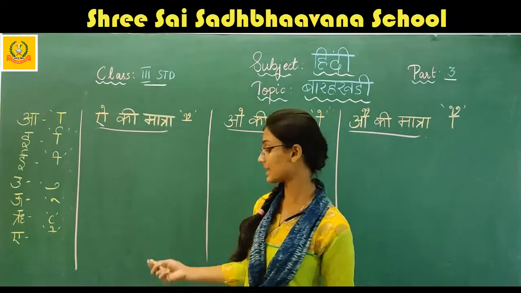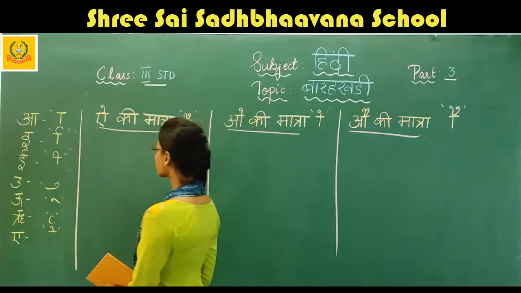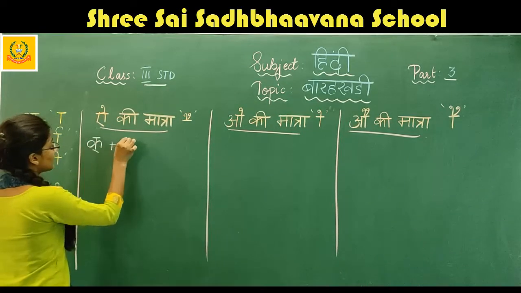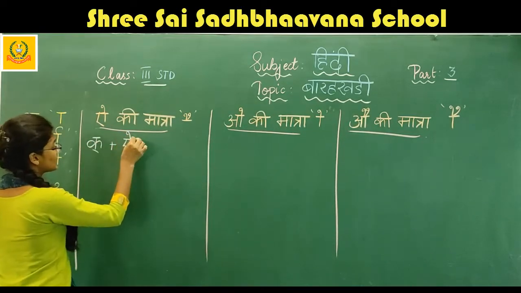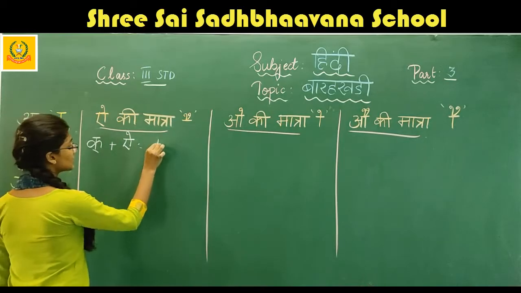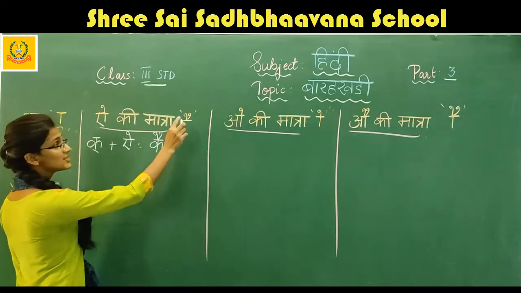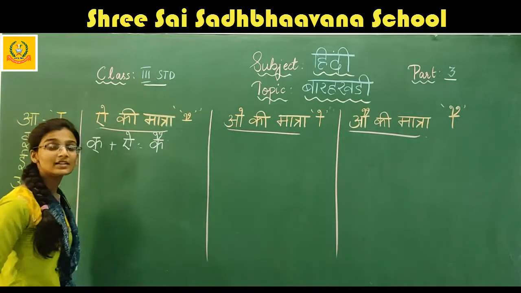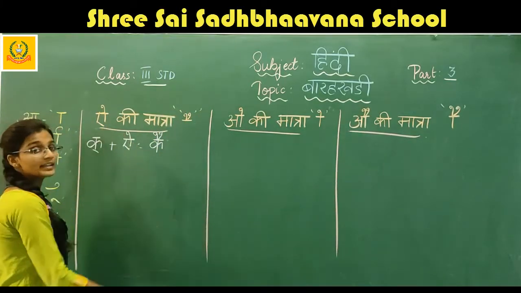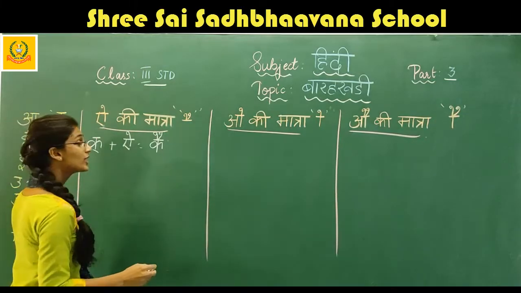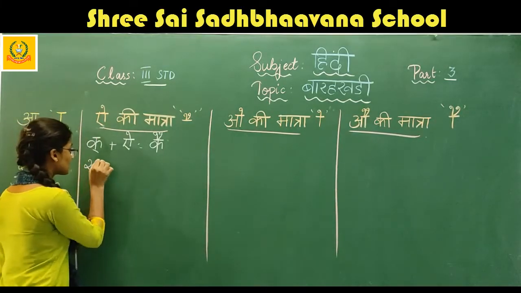Children, first let me teach how to write. First, K plus I is equal to Kai. See children, this is a symbol of I. K plus I is equal to Kai.